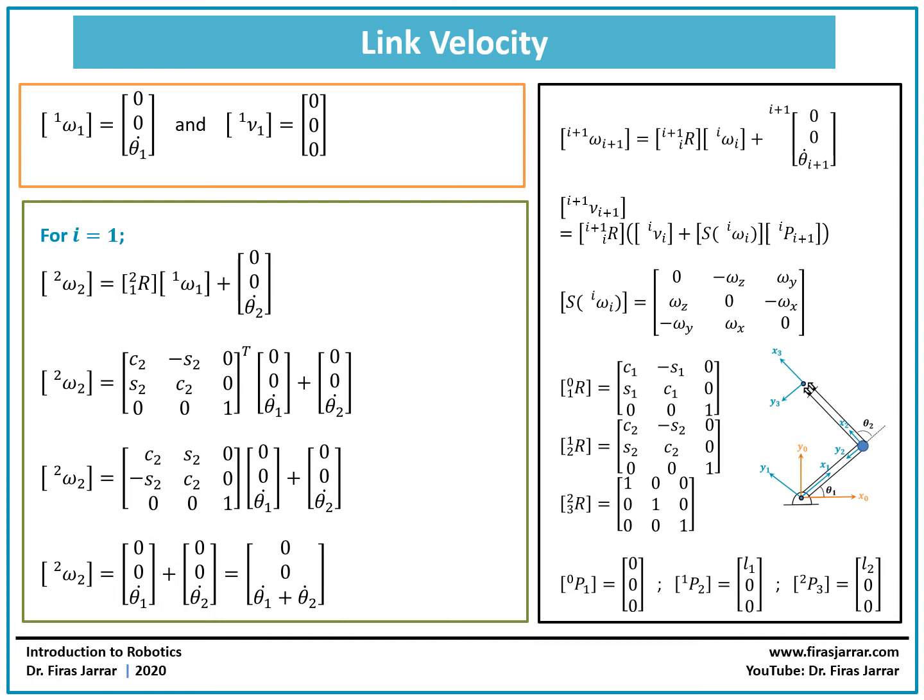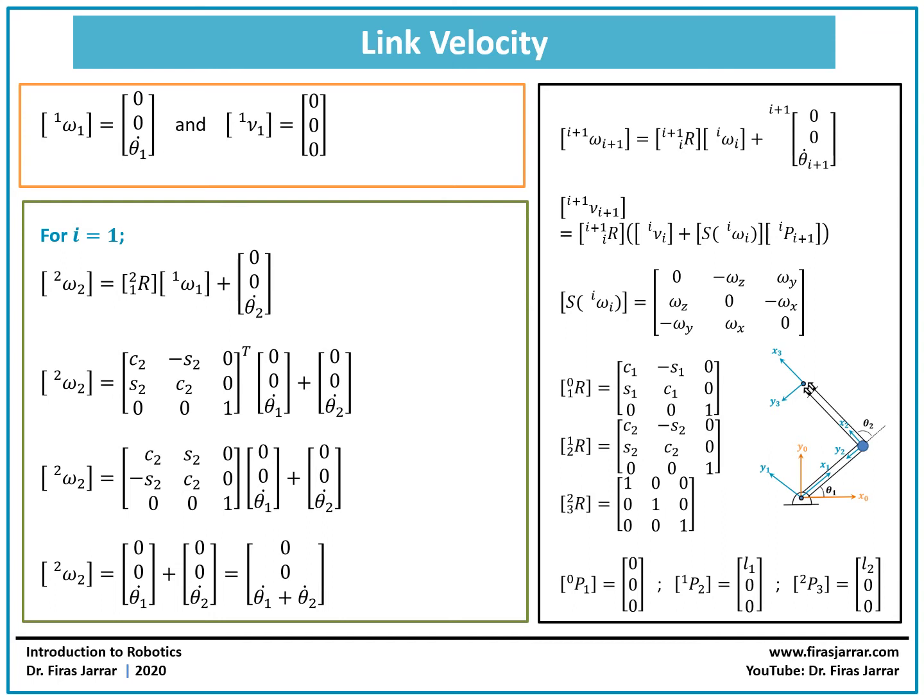And when I pre-multiply it by another vector, this is exactly the definition of mapping. So here what we are doing is mapping from frame 1 to frame 2, as if the 1 is cancelling out with 1, and then it becomes with respect to frame 2.